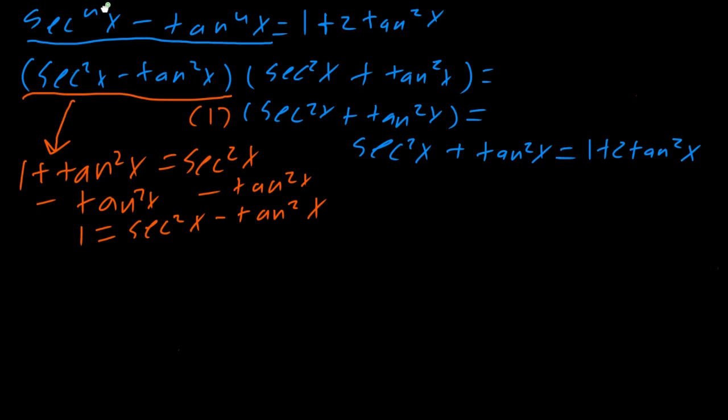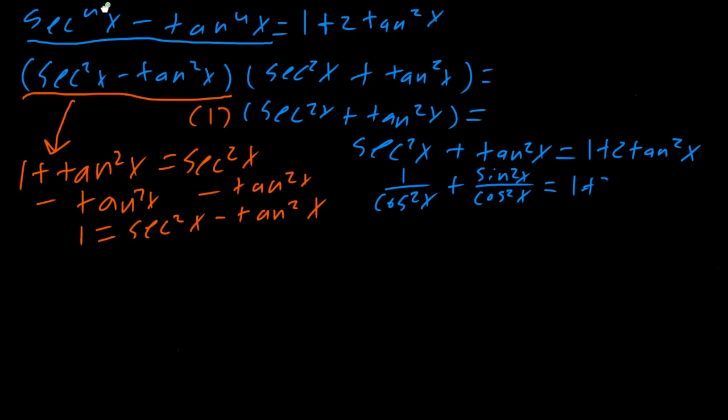So what we're gonna do is convert everything into sines and cosines. So secant squared of x is equal to 1 over cosine squared of x. Tangent squared of x is sine squared of x over cosine squared of x.